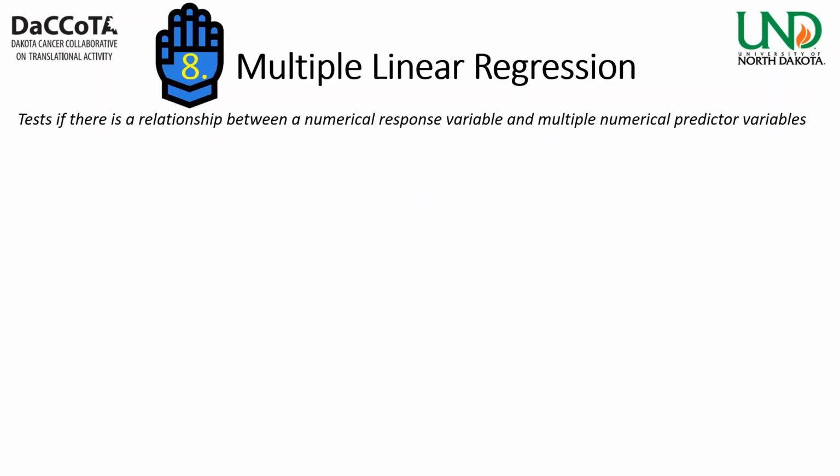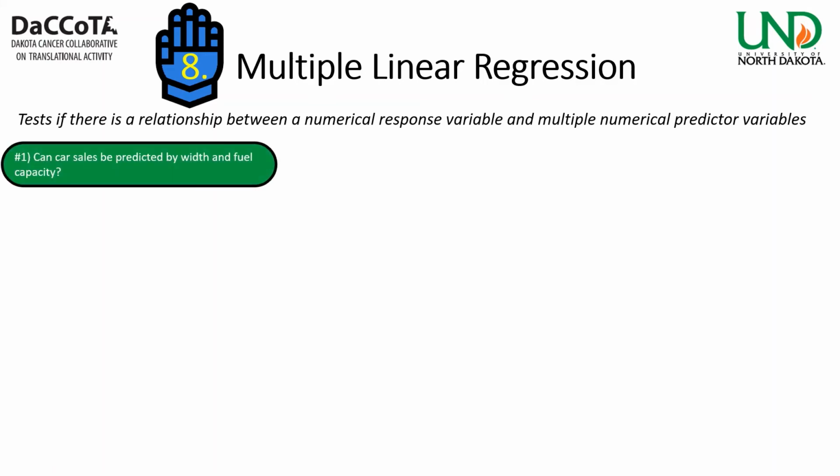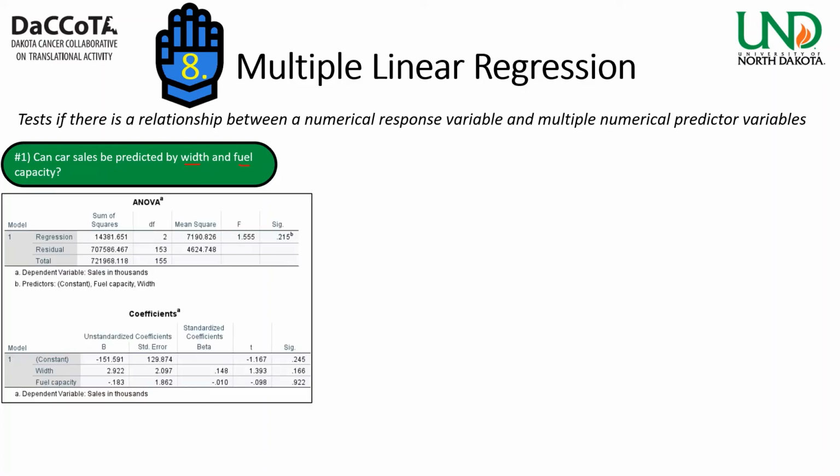Okay, let's take a look at our first car example. Can car sales be predicted by width and fuel capacity? So we run this, and now it becomes more important to look at both the overall model F value and p value, and then the specific t values of the variables. Like in simple linear regression, if the overall model is significant, the single variable would be significant.